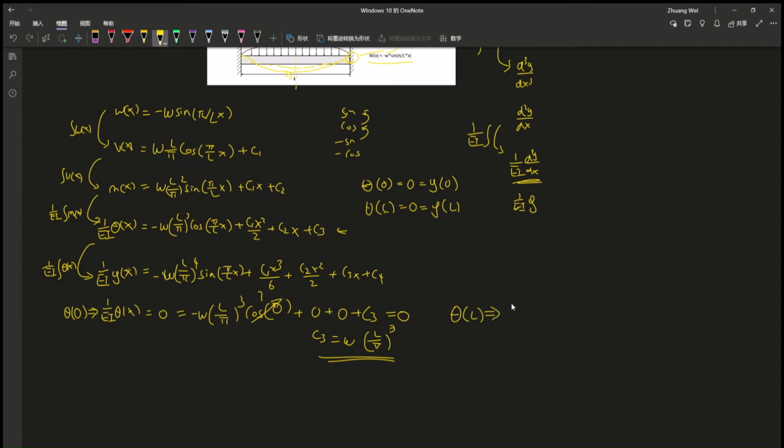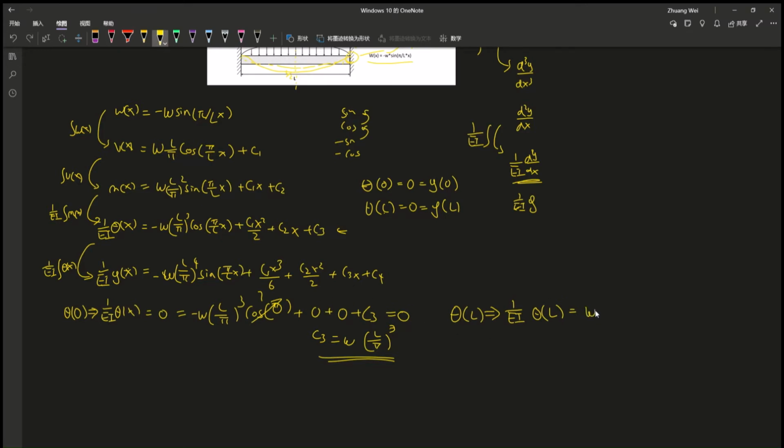Theta of L equals 1 over EI, right? So this is going to be negative, because if you plug L in, then L and L cancel out. So cosine of pi, that's going to give you negative 1.